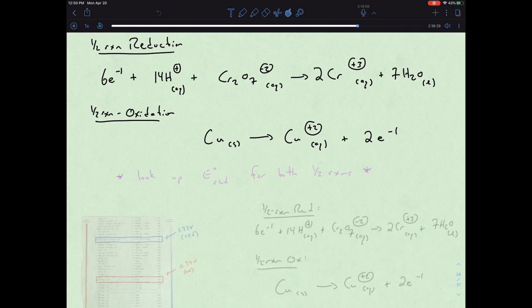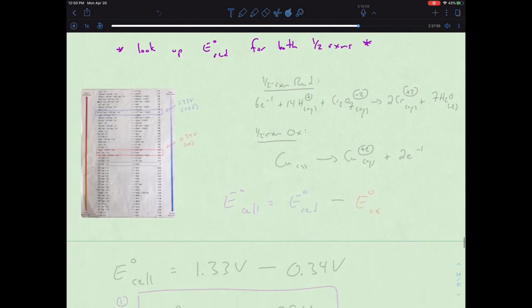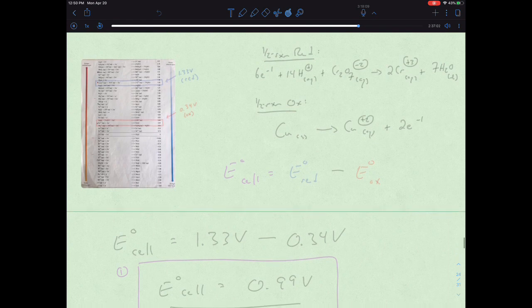So here is where we would then look up our reduction potentials for both the half reactions that we have. So if we bring that picture back in, we're looking for these 2 particular reactions, right?